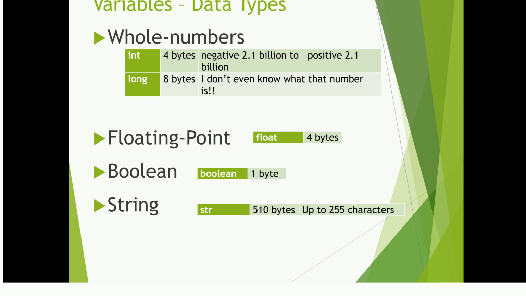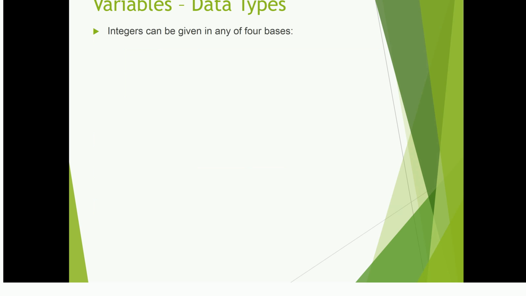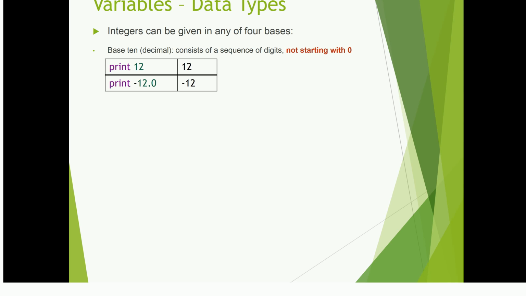And then finally, Python also has a string variable that contains up to 255 characters, and they can be alpha or numeric or symbols. We're going to find out in Python that integers can be represented in any of 4 bases. It can be in a decimal. So if I just have a regular number that does not have a leading 0, Python will treat it as decimal.